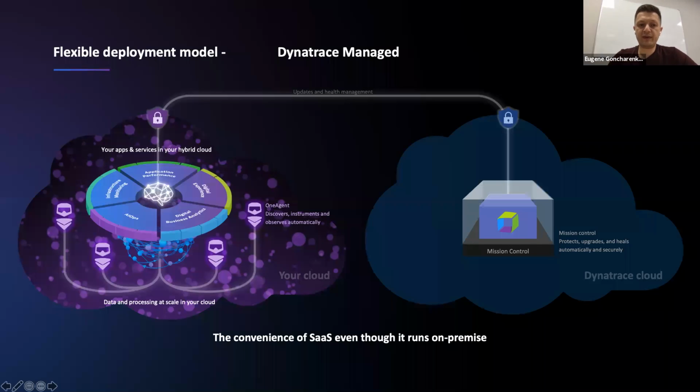The only thing is that we need an HTTP connection to Dynatrace Cloud for a mission control, the module which does the health check, sends the updates and helps support analyze your environment in case of any troubles.